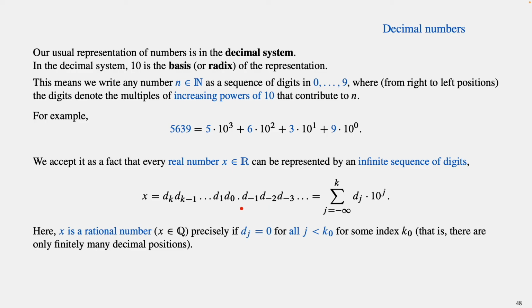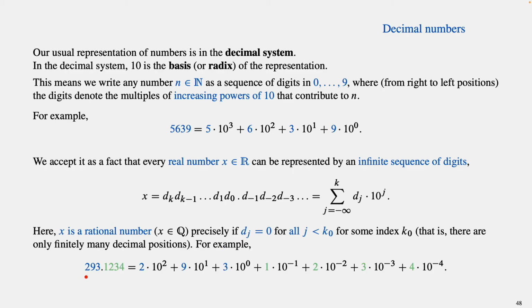So in other words, if the fractional part of the number x is only of finite length, and then eventually all further indices going further down to minus infinity, the digits are all 0. So we have only finitely many decimal positions in such a number, and then it is a rational number.